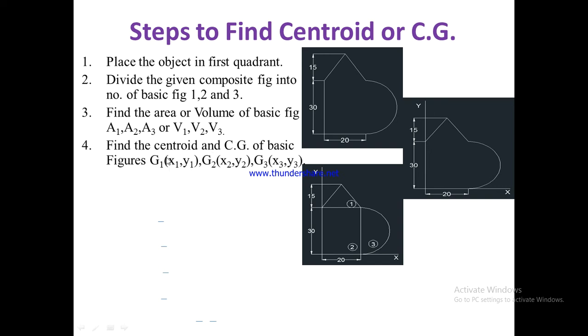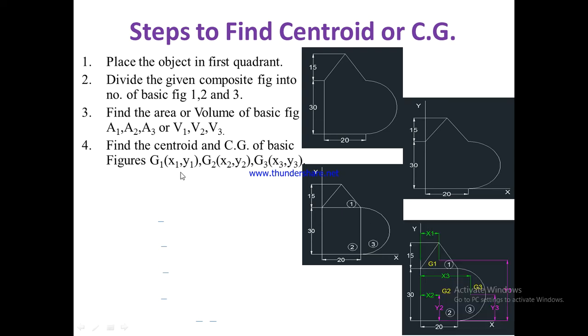Next, fourth step: find the centroid and CG of the basic figures. Now the basic figures we have divided into are triangle, rectangle and semicircle. So we have to find the centroid of this triangle, that is G1, of the rectangle, that is G2, and the third one is the semicircle. Just see over here the fourth step.